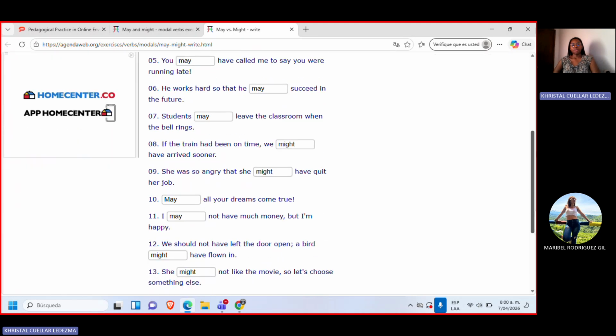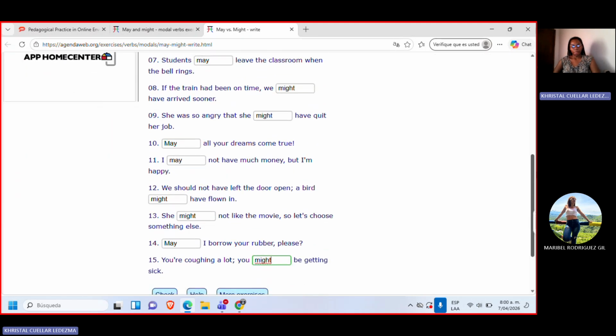Students may leave the classroom when the bell rings. If the train had been on time, we might have arrived sooner. She was so angry that she might have quit her job.